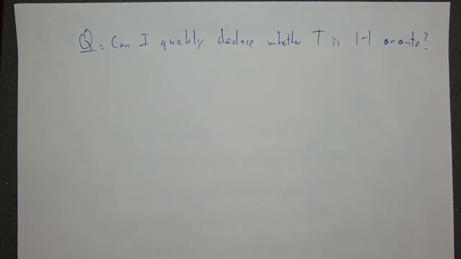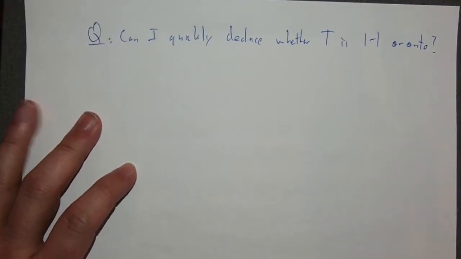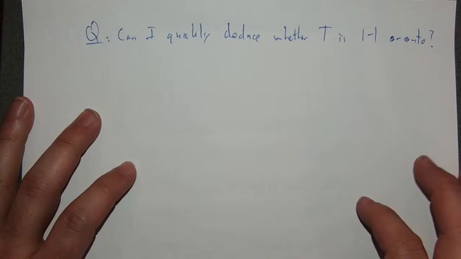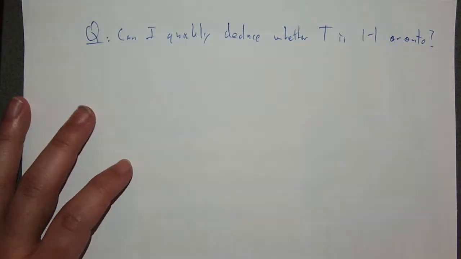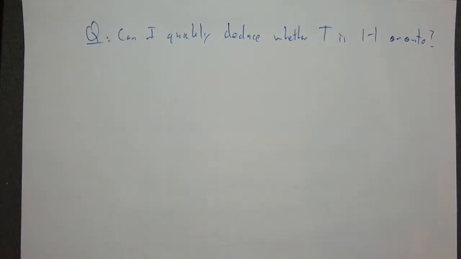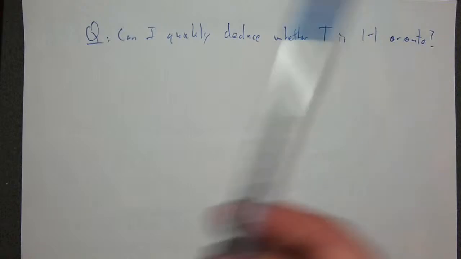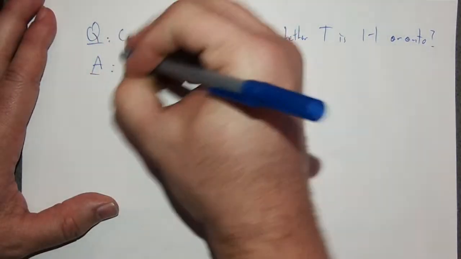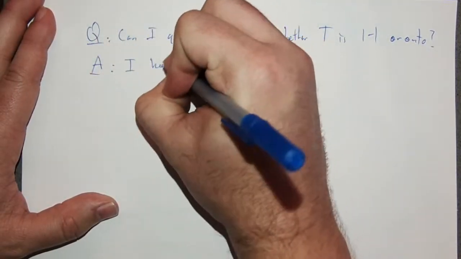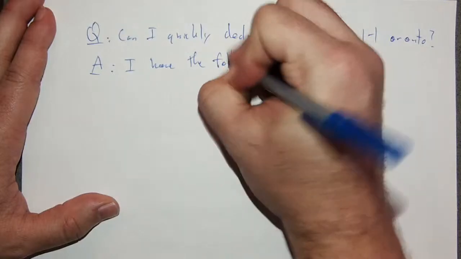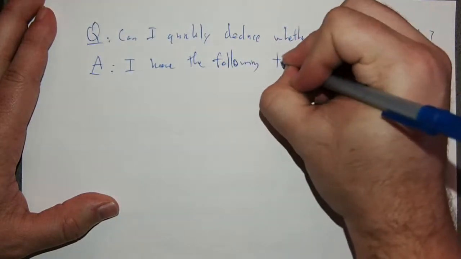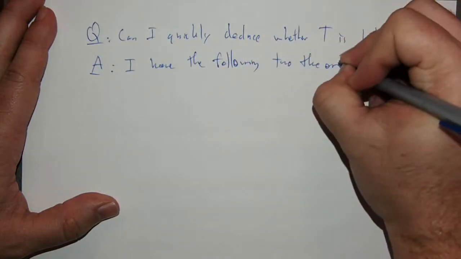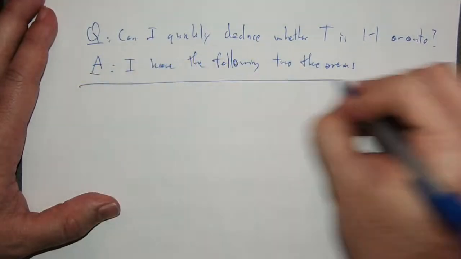So we'll talk about that in chapter 4. But these are really, really nice. So being 1-to-1 and being onto are very nice properties to have. So anyway, is there a way where I can quickly deduce whether or not these things are 1-to-1 or onto? The answer is I have the following 2 theorems that tell me exactly what I want to hear.